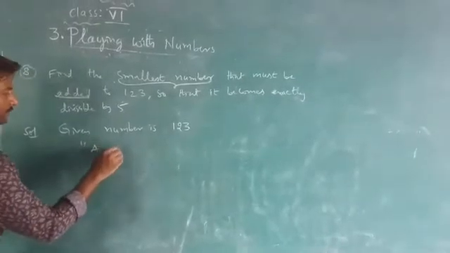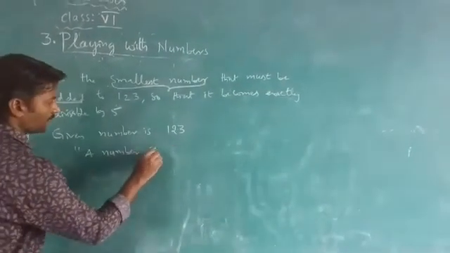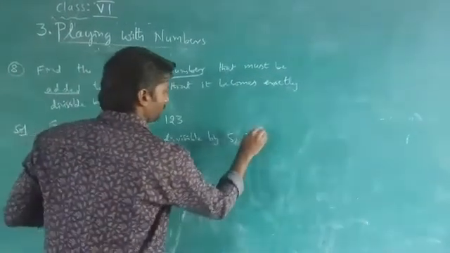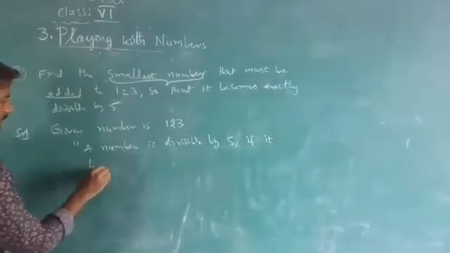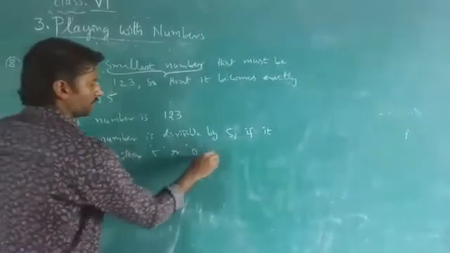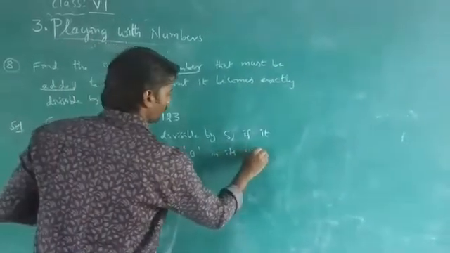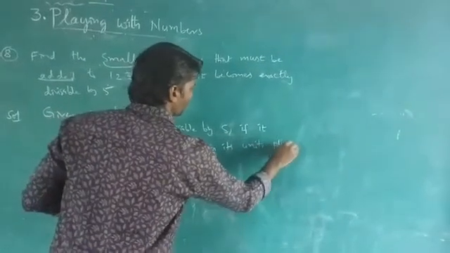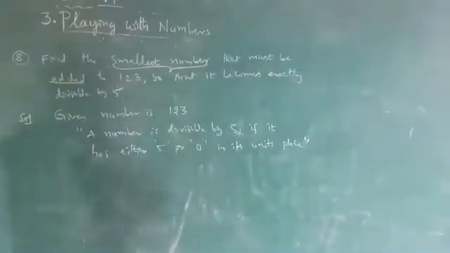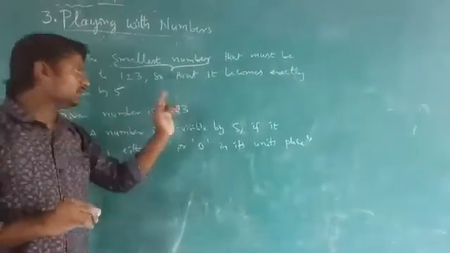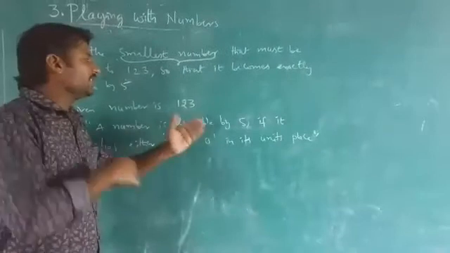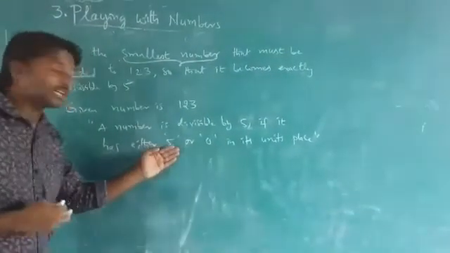A number is divisible by 5 if it has either 5 or 0 in its units place, or else you can say last digit. If last number is 5, then only it is divisible, otherwise it is not divisible. Or if last number is 0, then only it is divisible. But already we have 3 here, so we cannot get 0. We cannot add any number to get 0. But we can get 5.